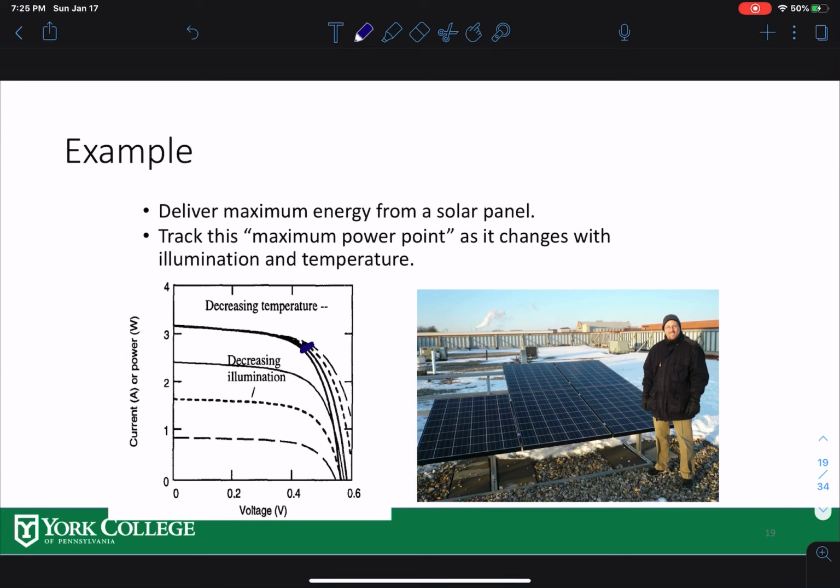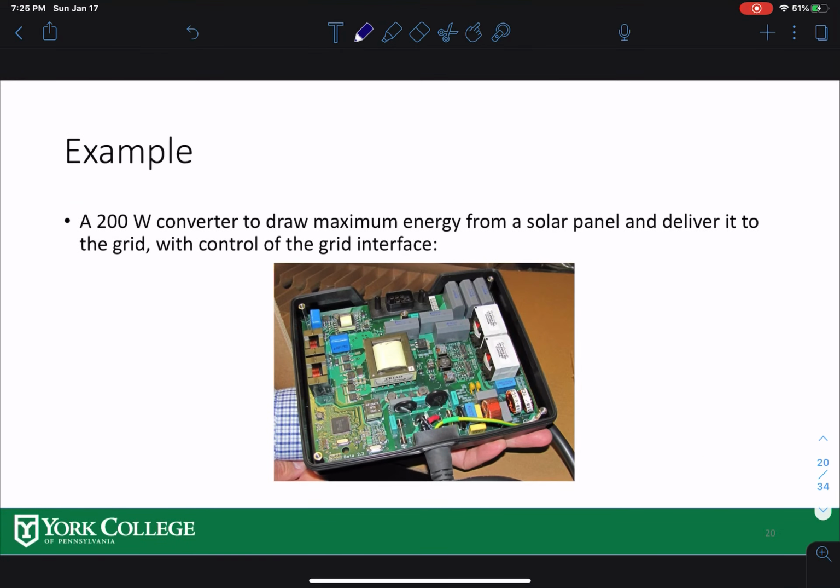It's the max energy point, right? It's called MPPT, maximum power point tracking. So that's the goal here. It doesn't matter how much energy you're getting from the sun, you always try to do your conversion right here. So that's maximum power point tracking. That's a very popular research topic in power systems.